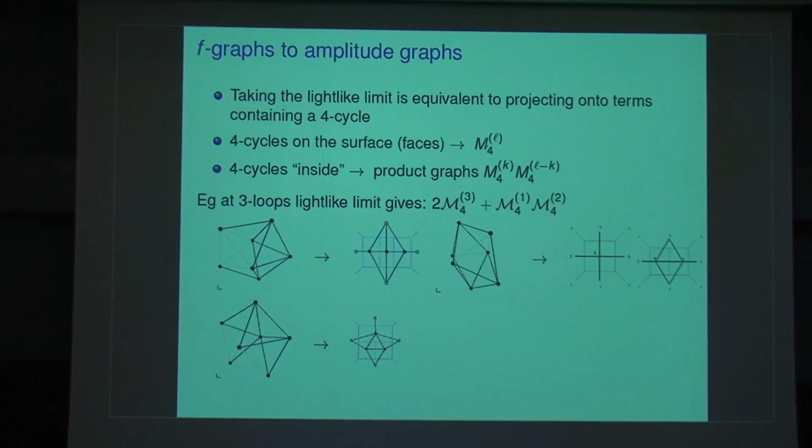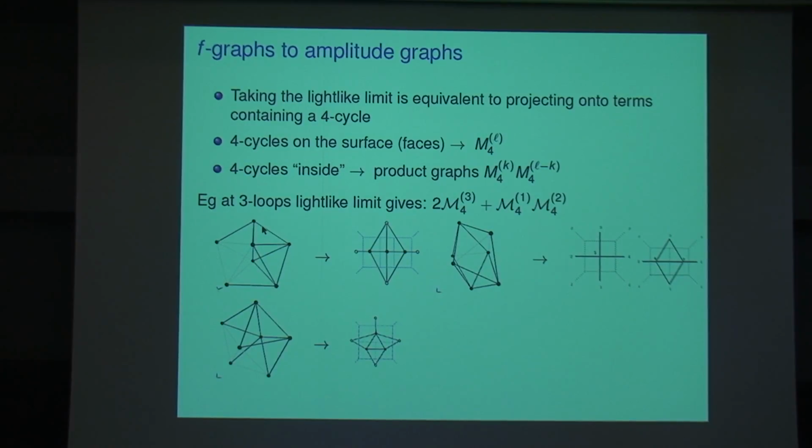Now this gives me the amplitude squared. If I write it out, it's the expansion of the amplitude squared. So for example, I'm giving you a 3-loop case here. The amplitude squared gives me the 3-loop amplitude plus 2-loop times 1-loop. And you can see all of these things coming out graphically from this F graph.